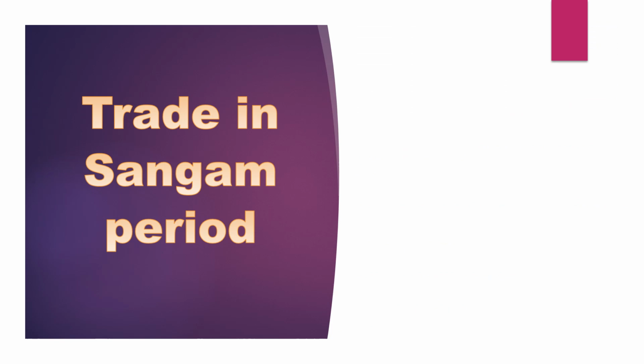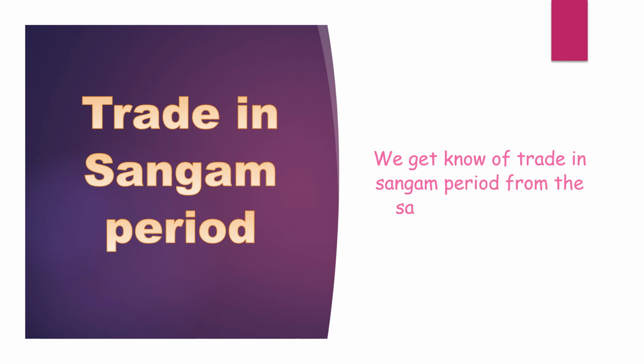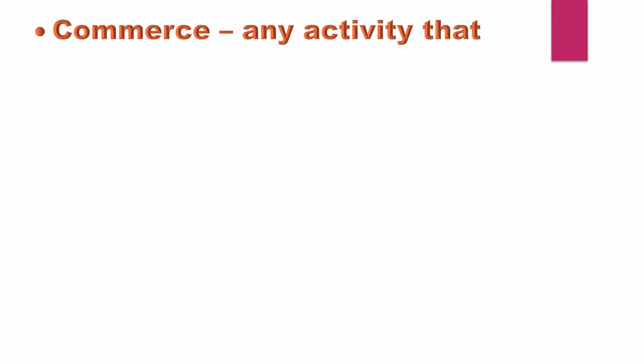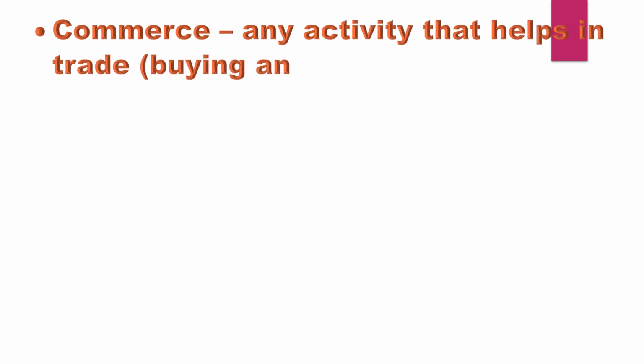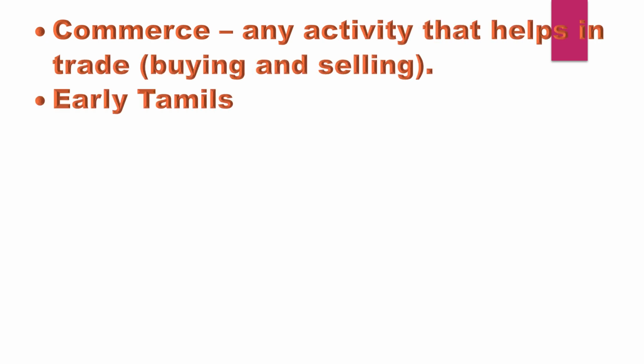Now let's see the trade in the Sangam period. Now we get to know of trade in Sangam period from the Sangam literature like the Tirukural and Purananur. Commerce. Now when we learn commerce, what is commerce? It is any activity that helps in trade.